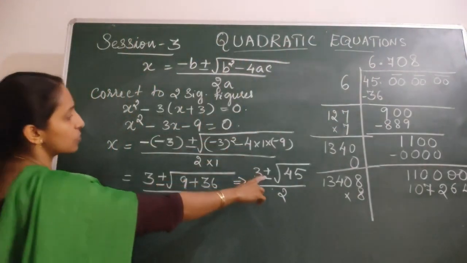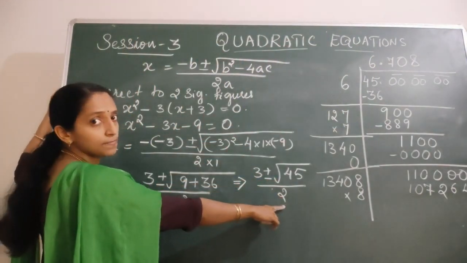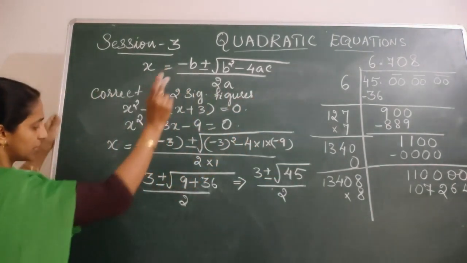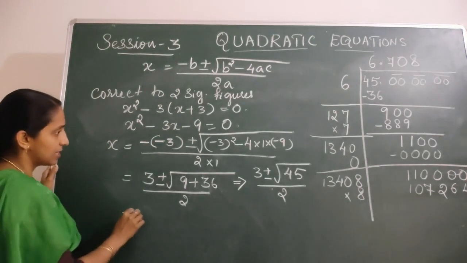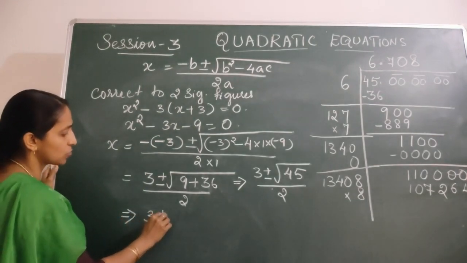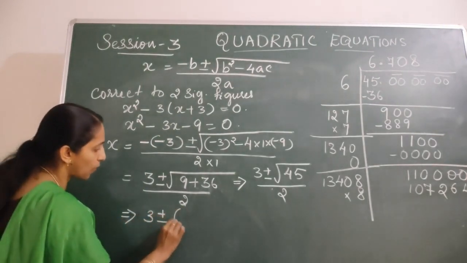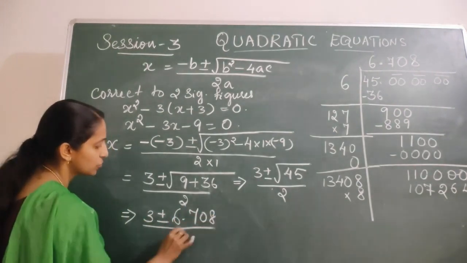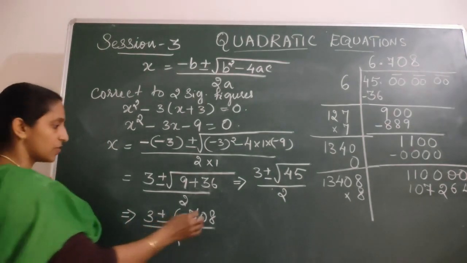So we got the square root of 45 as 6.708. Now we are going to write it as 3 plus or minus 6.708 upon 2. Then you will split it.